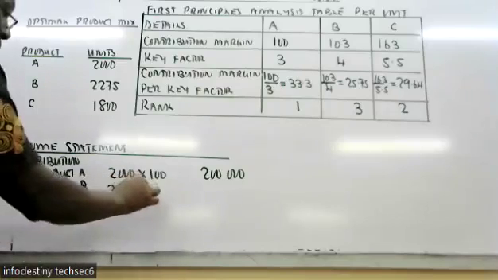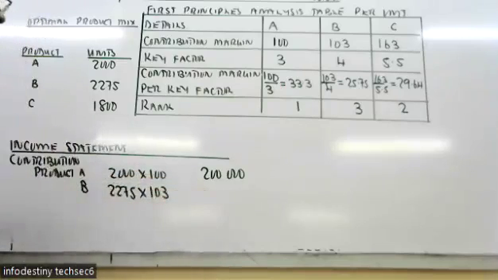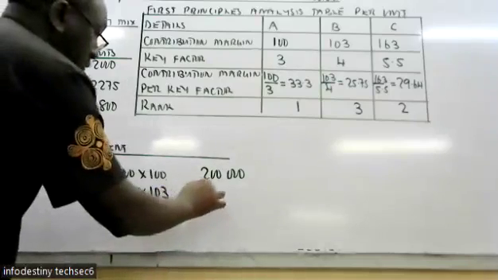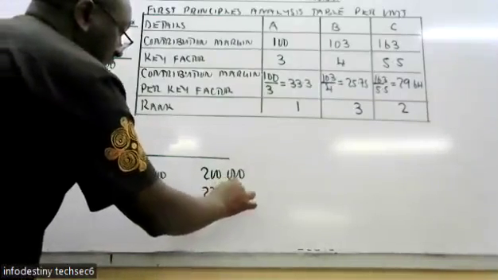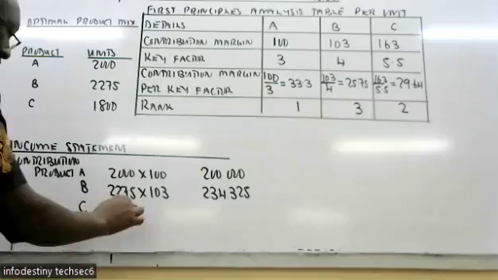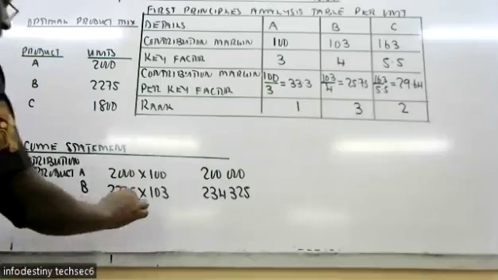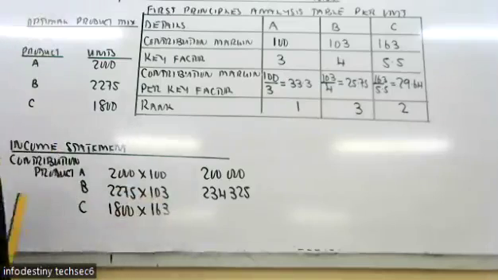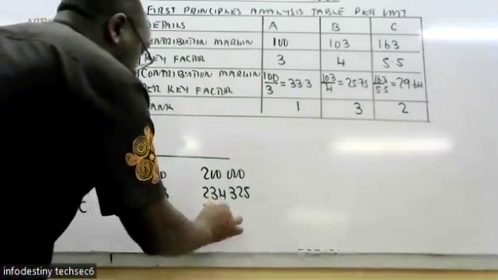And each one is bringing 103. That gives 234,325. Yes, Fatima, I can see that. Good. Product C is 1,800 units, each giving us 163. That is 293,400.